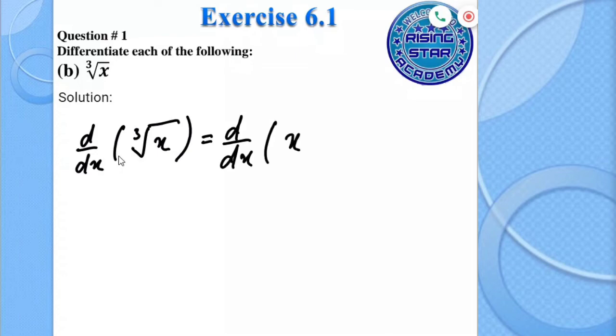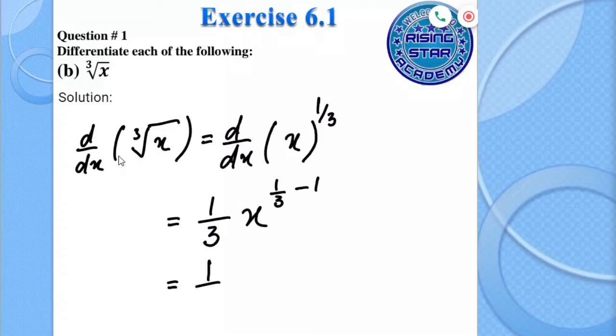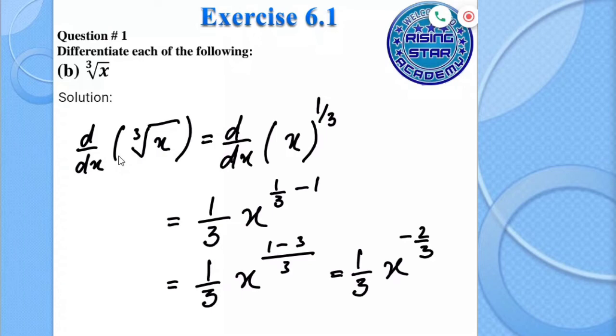We know that the cube root having the power of 1 over 3. So now we will apply the power rule, that is 1 over 3 x to the power of 1 over 3 minus 1. So it would be 1 over 3 x. Take the LCM 3, so 1 minus 3. So that would become 1 over 3 x to the power of minus 2 by 3 is our answer.